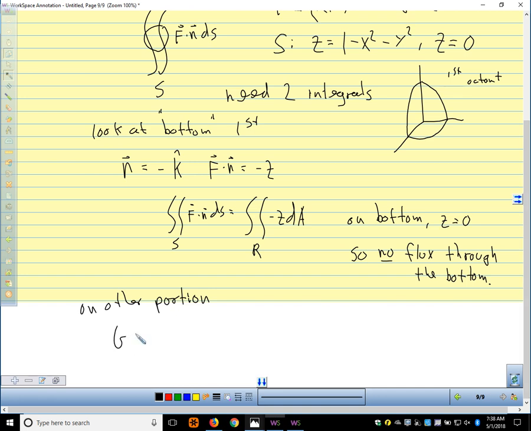So we have g equals z plus x squared plus y squared minus 1. And del g is 2x i hat plus 2y j hat plus k hat.